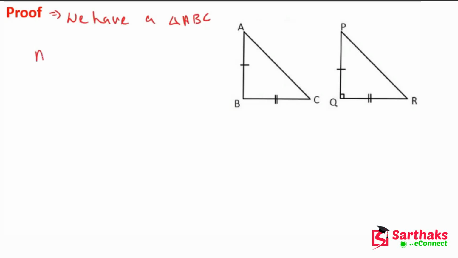In this, AC square is equal to AB square plus BC square. This is the given. And we have to prove angle B is equal to 90 degrees.